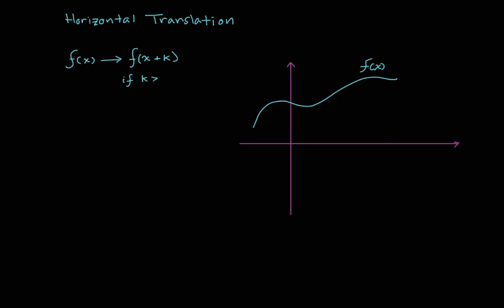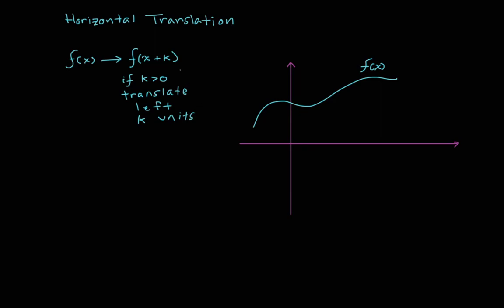If k is greater than 0, our whole curve is actually going to translate left. It's a left translation, and again, of course, k units.